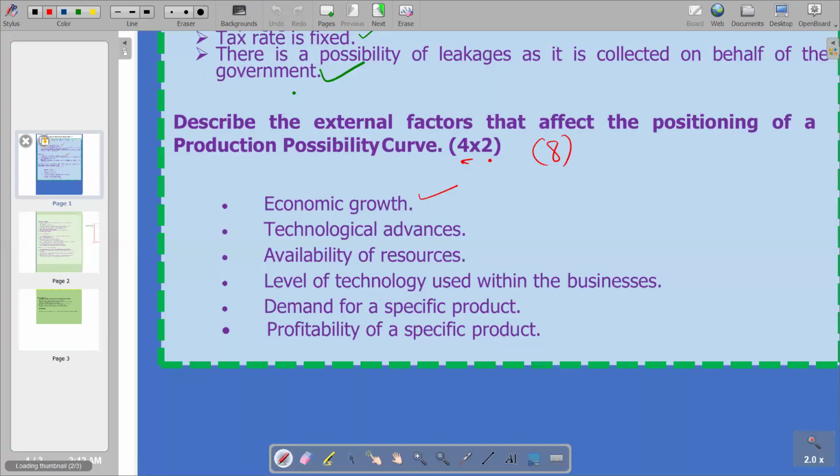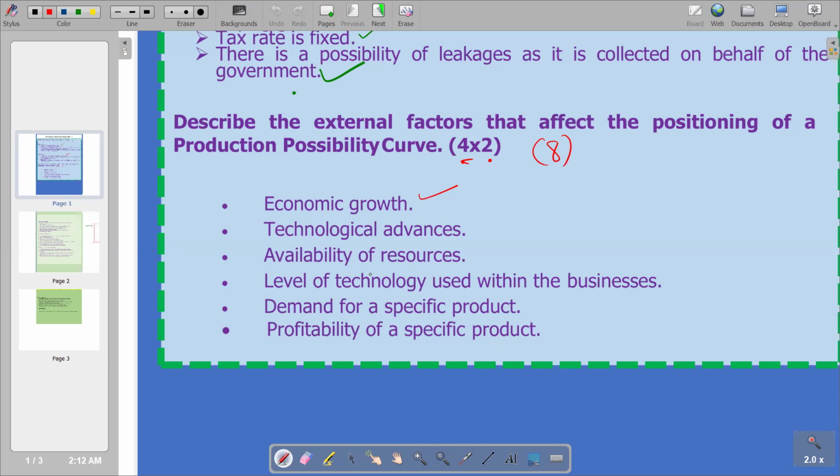So this is what we have called technological advances. When we've got technological advances, obviously technology makes the production of goods and services efficient. So we are going to have more production if there are technological advances, and we are also going to notice an outward shift of the production possibility curve. Then availability of resources.